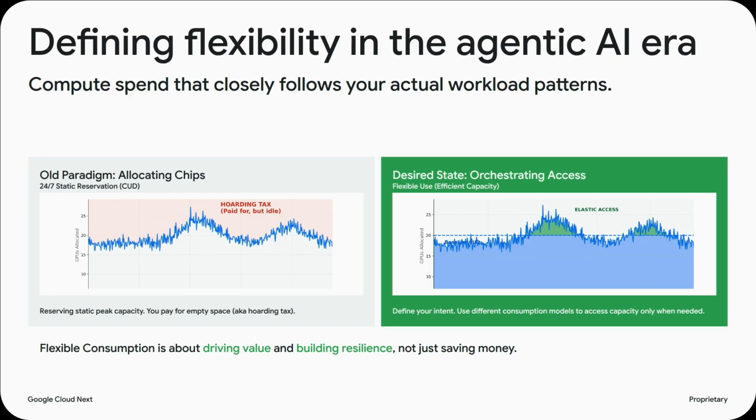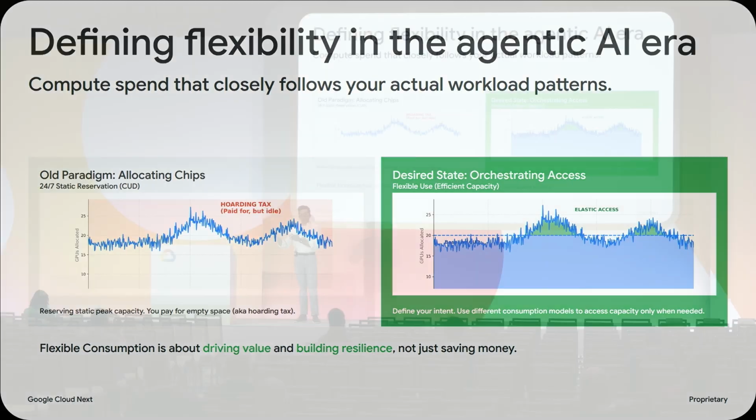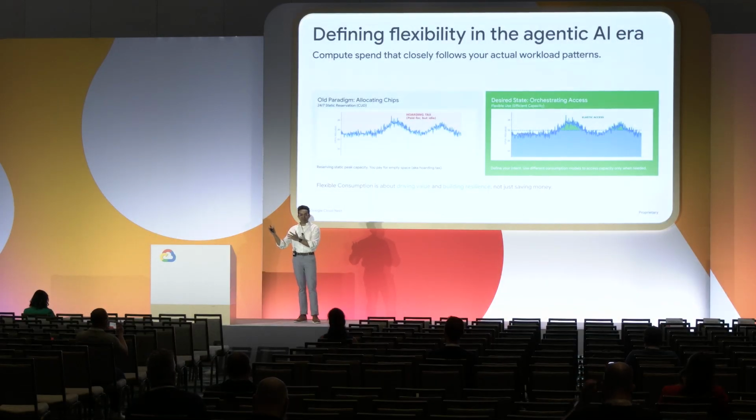The future is shifting towards orchestrating access to capacity. That's where flexible consumption comes in. Flexible consumption is about matching your compute spend to the actual workload pattern, or at least get as close to it as possible. The goal is not just to save a few dollars on the cloud bill, but it's about building resilience against stockouts. It's about making your compute infrastructure bend instead of break when the traffic hits.